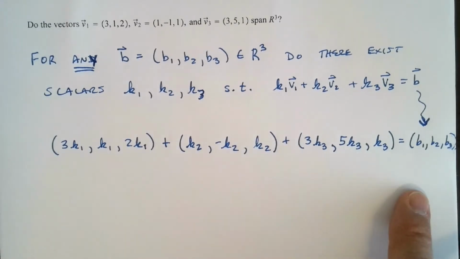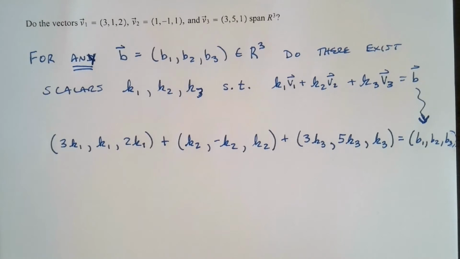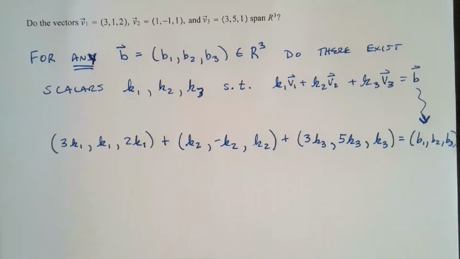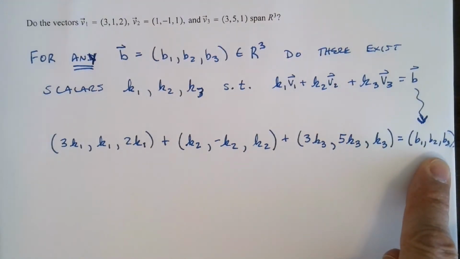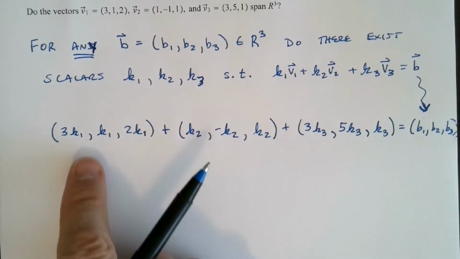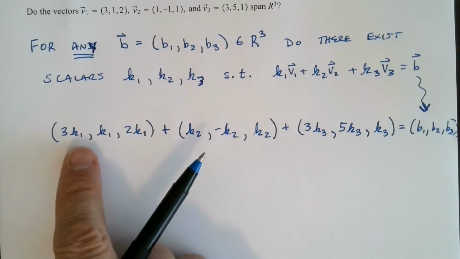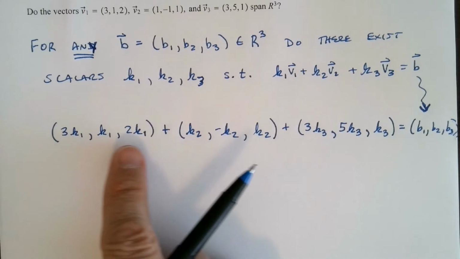So how are we going to determine whether we have these scalars? This should look familiar from when we were talking about vectors back in n-space and 3-space. We asked, can I write a particular vector as a linear combination of given vectors? Now this is an arbitrary vector, but we basically set up a system of linear equations, because we combine these three vectors by adding the corresponding components.